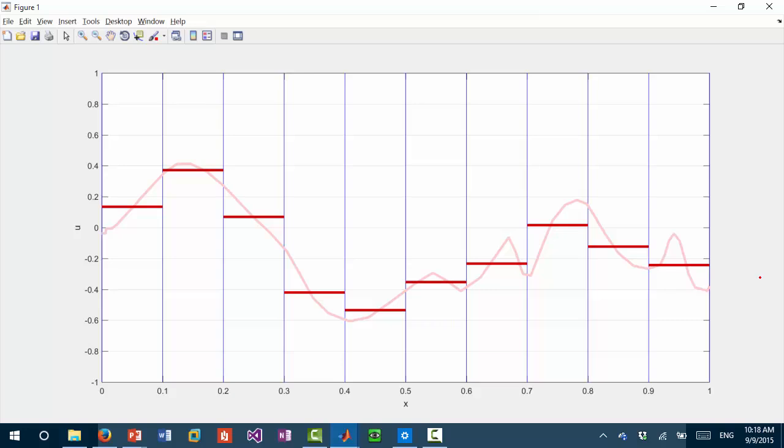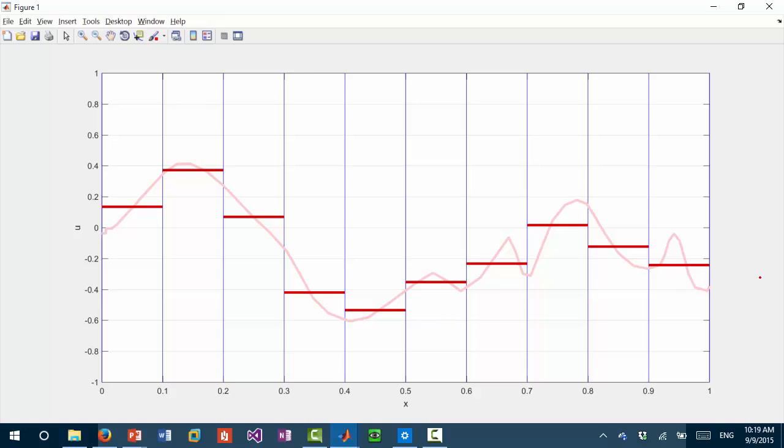Question? Will you be also studying higher order approximations in this class, or is it first order? We are going to. So the question is, are we going to study high order discretizations? Yes. And we are going to study high order discretizations in both finite difference and finite volume. In this, I'm going to explain a little bit about what is high order.